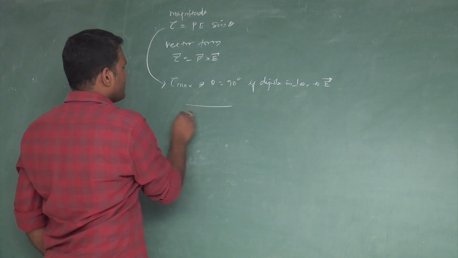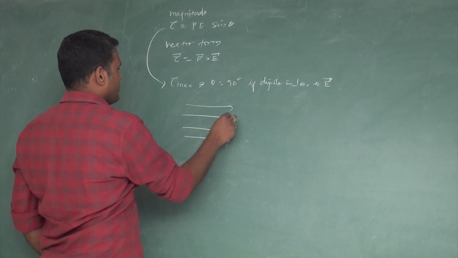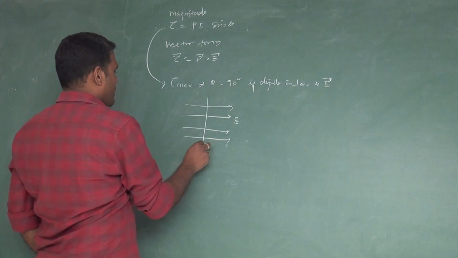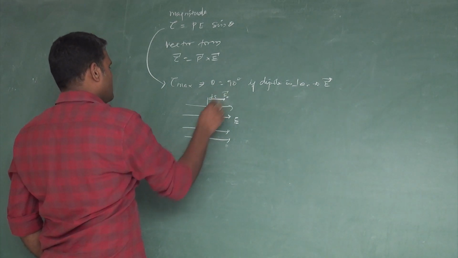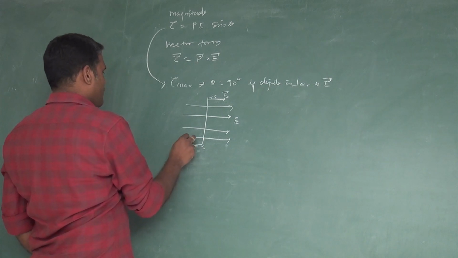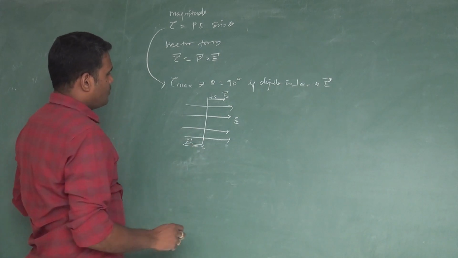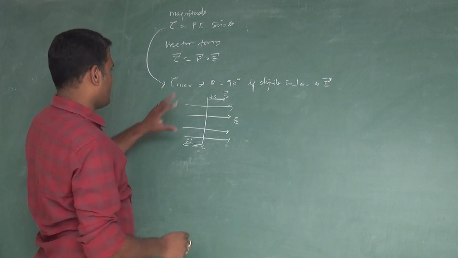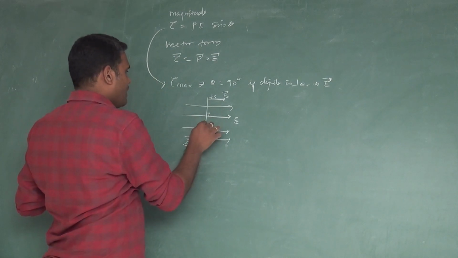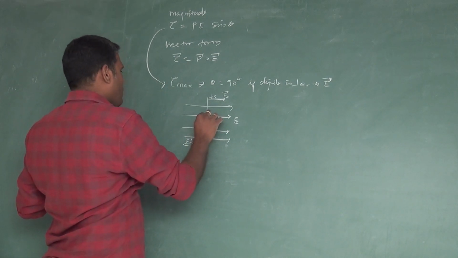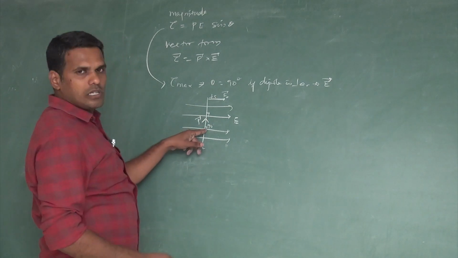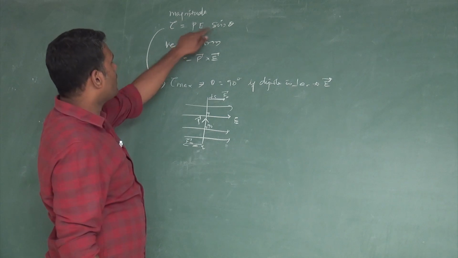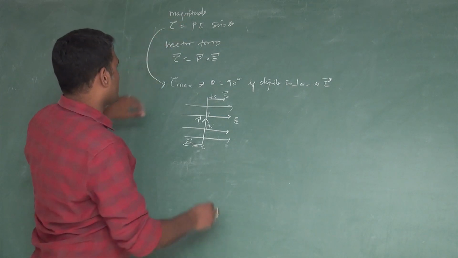Here, with the electric field, minus q and plus q, this is F vector plus and this one is F vector minus, which means forces are acting on these two charges. The angle between the electric field and the dipole moment from minus q to plus q is 90 degrees. If theta equals 90 degrees, sin 90 is 1, tau equals P E, so torque is maximum.